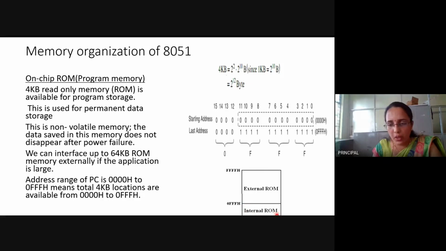On-chip ROM addresses are from 000 to FFF. From 1000 onwards will be the external ROM. So here you have 4 kilobytes of memory, which is used for permanent data storage, and it is non-volatile, which means whenever there is a power failure, the data will not be lost.